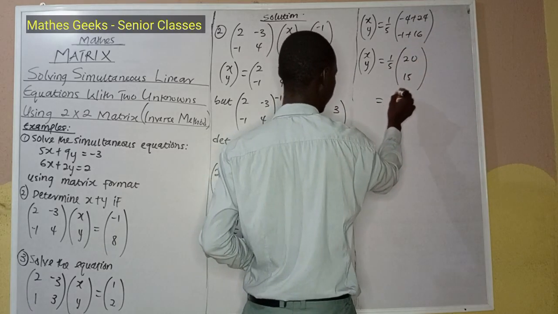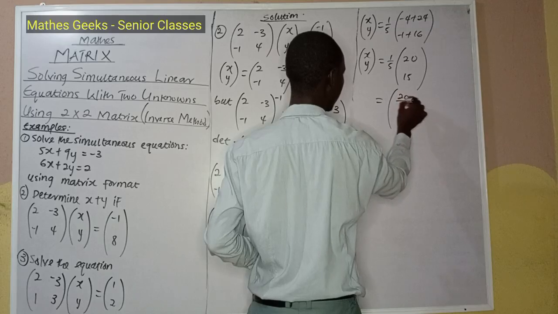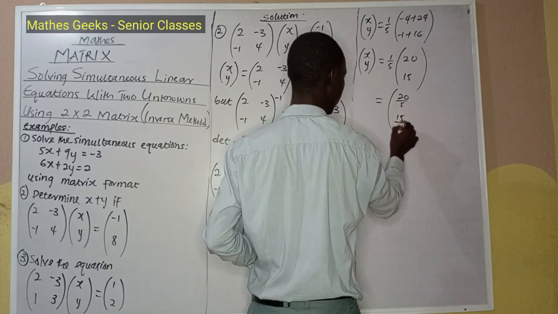So it will give us 20 over 5, 15 over 5.